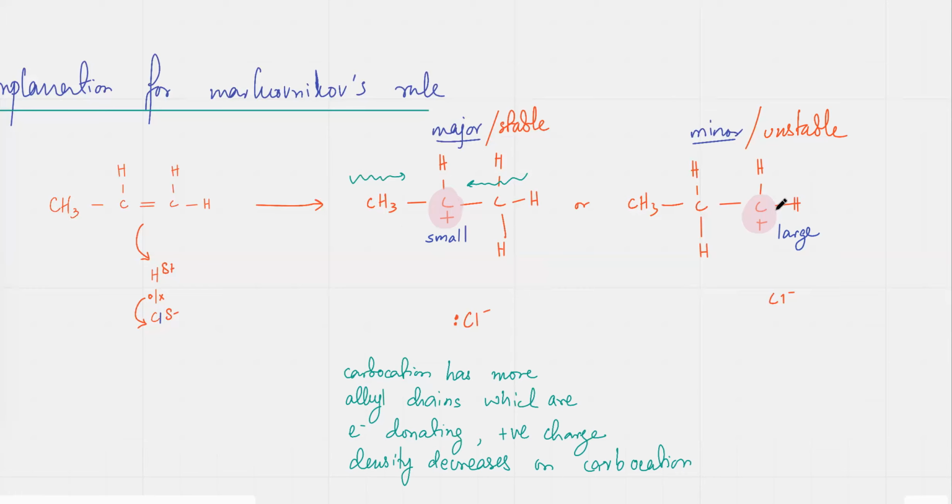Over here the positive charge is large. There are fewer alkyl chains around it, around the carbocation.